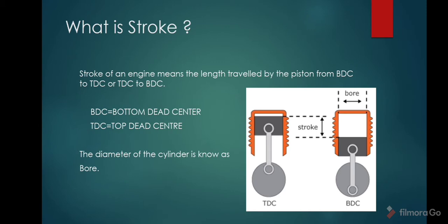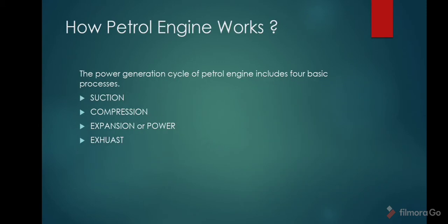Now let's understand how a petrol engine works. In a petrol engine, the power is produced by four basic processes: suction, compression, expansion or power, and exhaust. During suction, air-fuel mixture comes inside the cylinder.